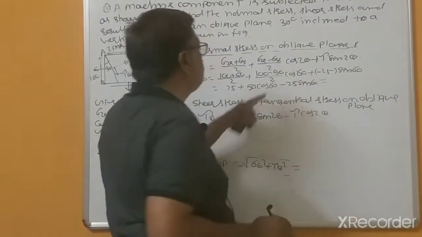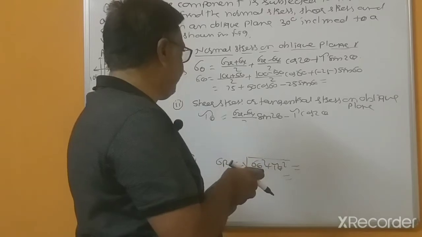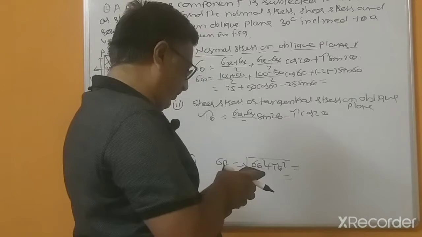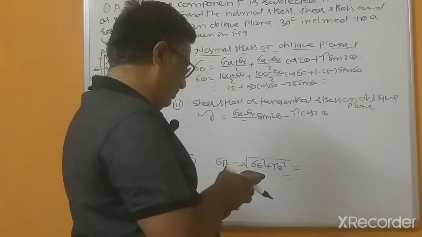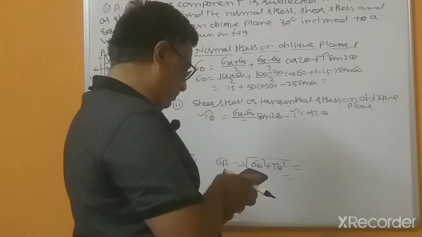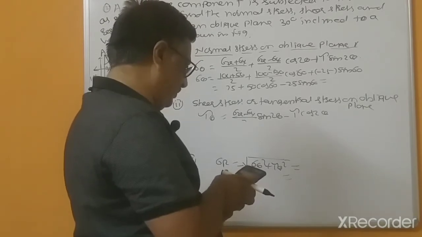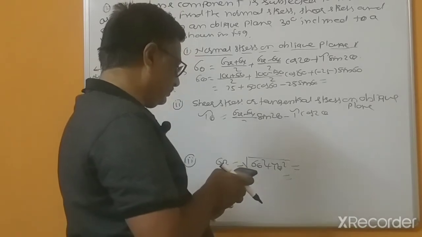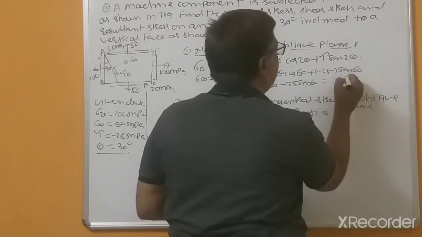So in the previous problem this is plus, now in this problem this is minus. This much is the only change. So 100 minus 25 sin 60 gives 78.349 megapascal.